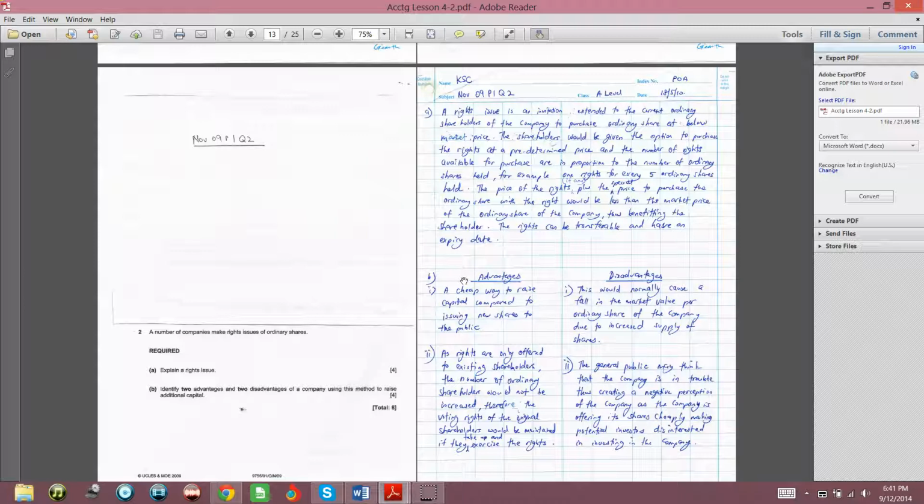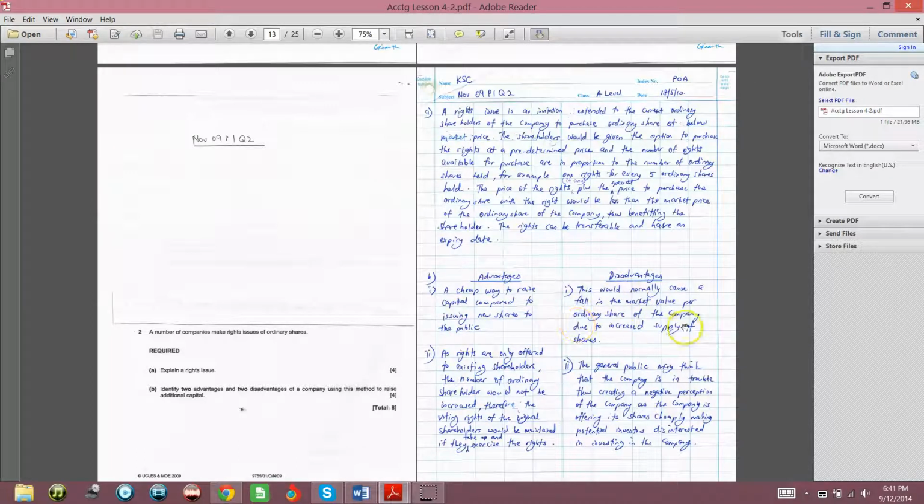But if you issue a rights issue to your existing shareholders, they already know about the company. So you don't need to advertise information about the company to them. So it is a cheaper way to raise capital compared to issuing new shares to the public.